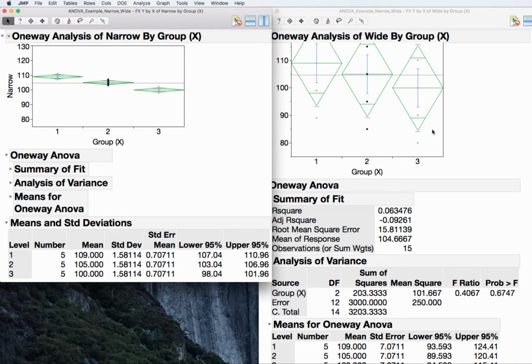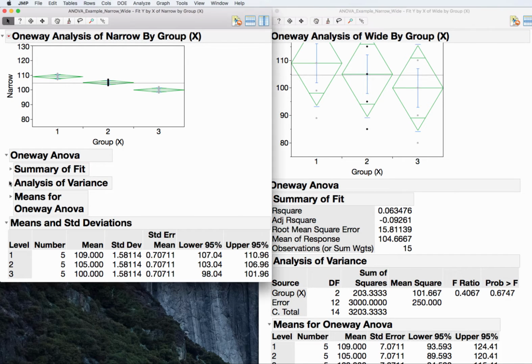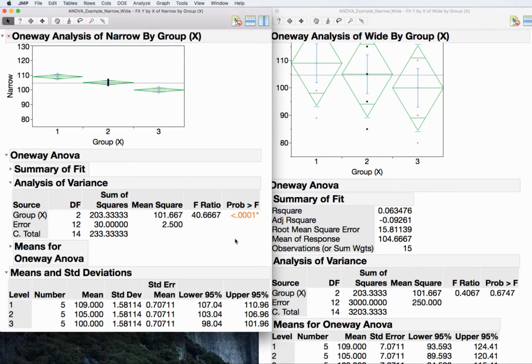What you want to pay attention to are the components of the analysis of variance report. This will give you your p-value for your overall F-test of is there a difference between the groups. The follow-up question for that is where is there a difference? So we're first asking if we can use this one mean to estimate our y, or if we need at least two means.